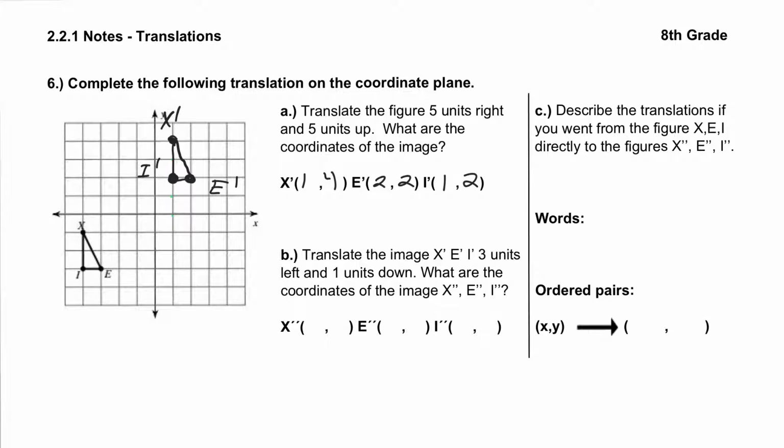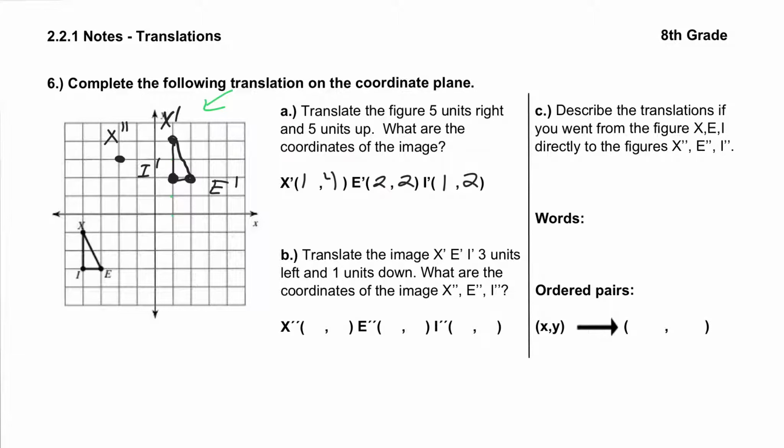Then it wants us to take our translated image in part B. It says translate the image X prime, E prime, I prime, so that's the image that we just created here, and move it 3 units left and 1 unit down. So let's start with X prime, and if we count 1, 2, 3 units left and 1 unit down, there's our X double prime.